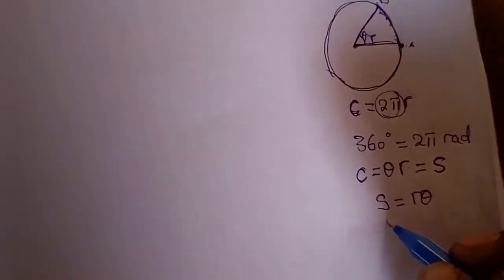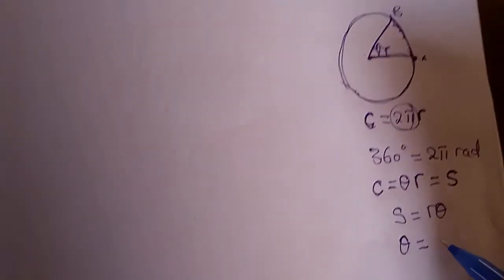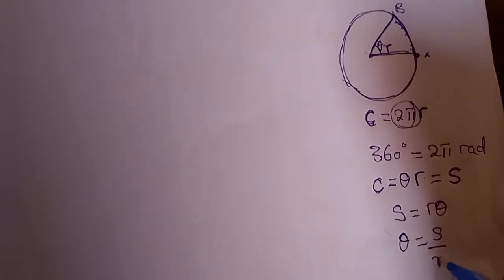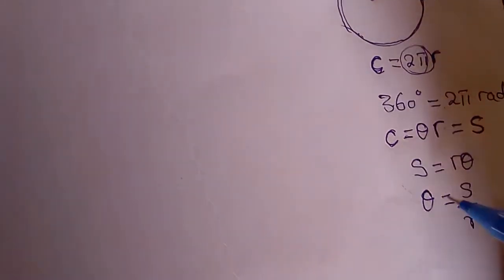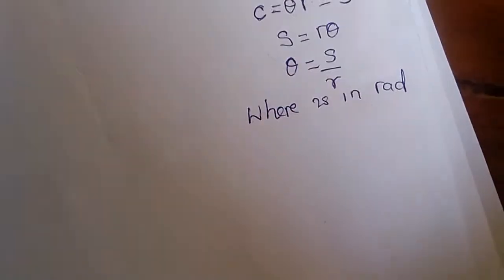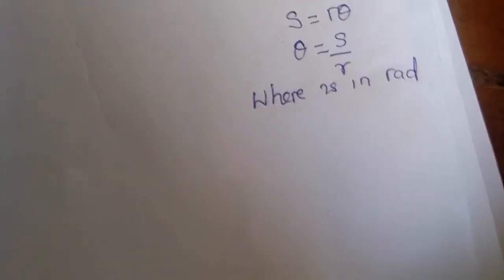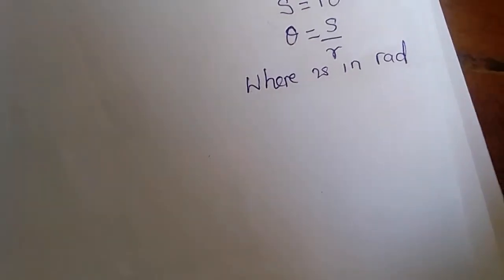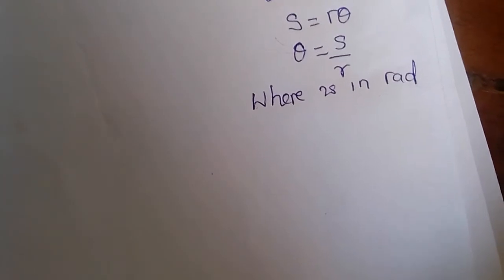You simply make theta the subject of the formula, and you have S divided by the radius, where theta is in radians. The full term is radians, but we use rad just to simplify that. So that's what we have here. We need to find the angle in radians.